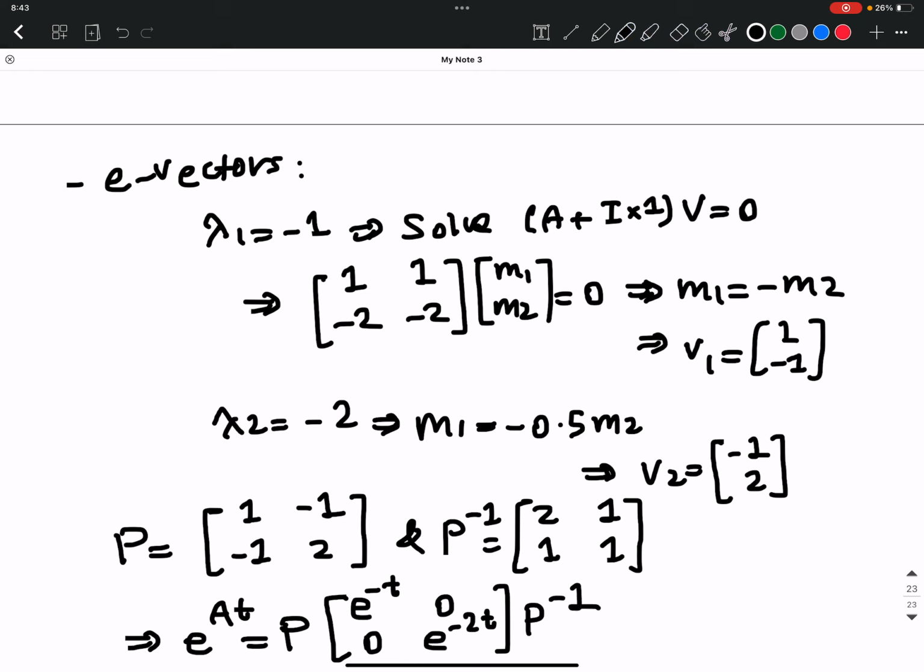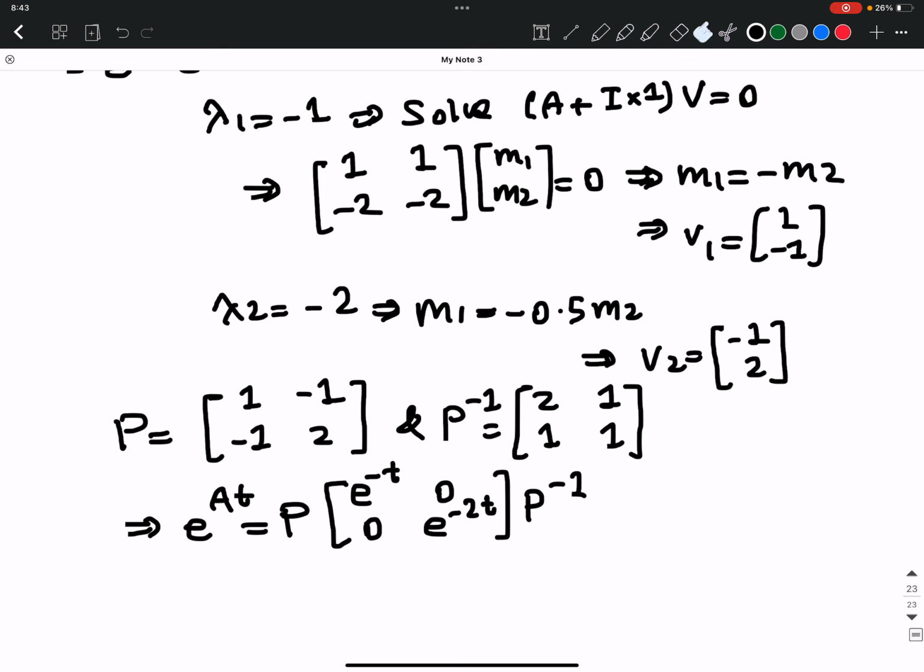So this gives me that matrix of e to the A t.